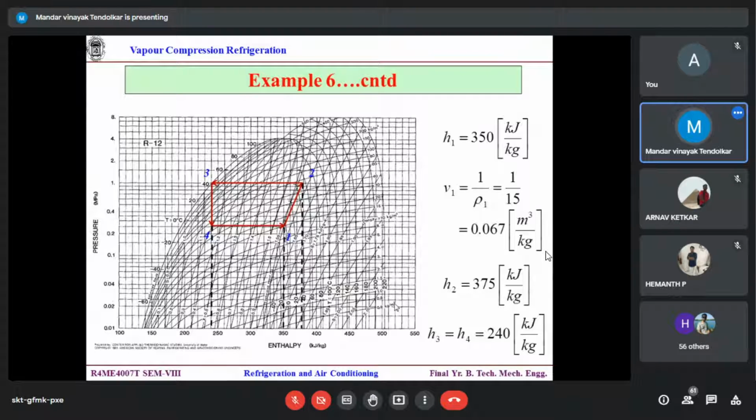So hopefully all the students are getting this value, H1, H2 and H3 equal to H4, maybe within a permissible error of plus minus 5. As I had said, H1 can be 355, H1 can be 345. Anyone, any single person in the class not able to trace, then let me know.